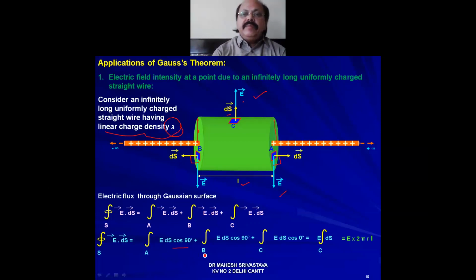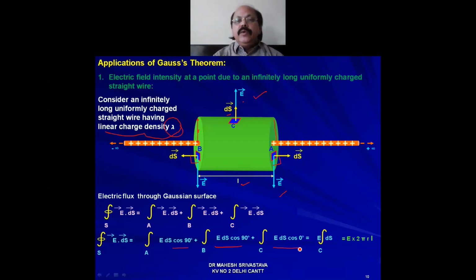Similarly, the angle between ds vector and E vector for flat surface B is 90 degrees, so plus integral B E ds cos 90 degrees. For flat surface B also the angle is 90 degrees, so the contribution of the electric flux is 0.